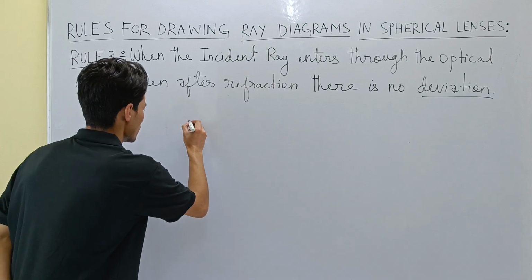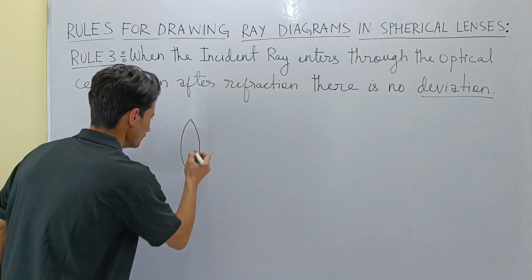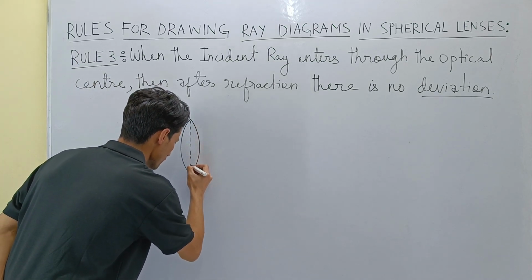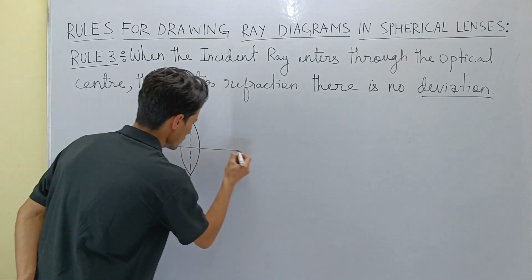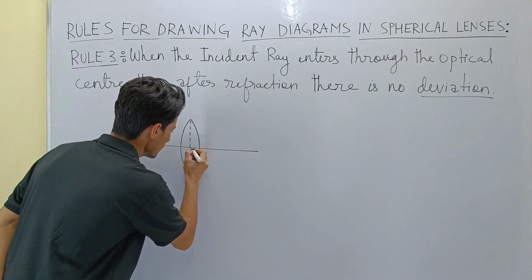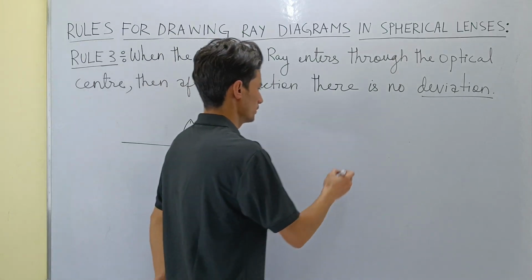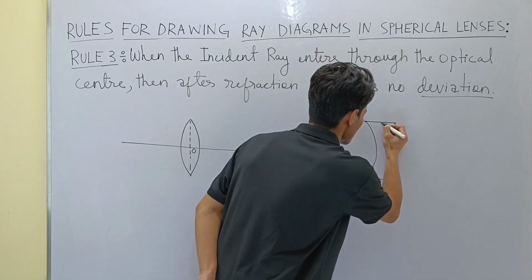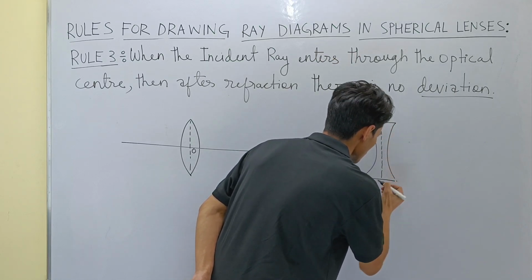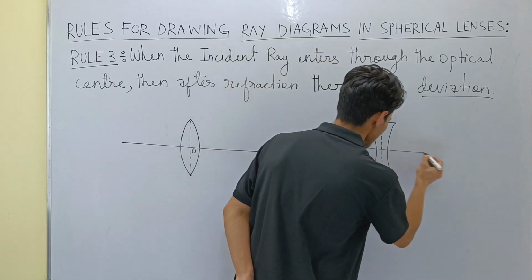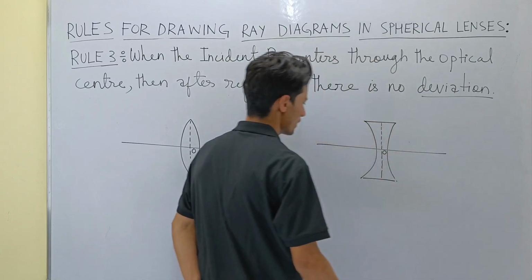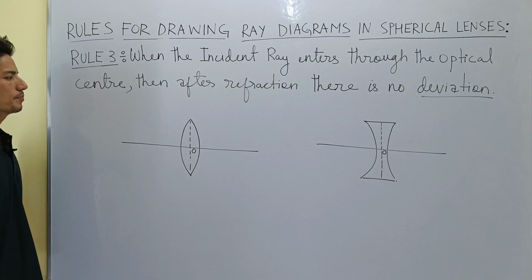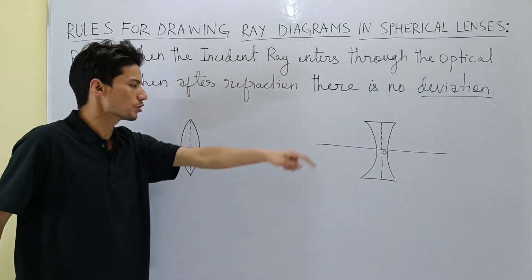So this is the convex lens, aperture, always aperture. This is the principal axis, this is the optical center. This is the concave lens, this is the aperture, this is the principal axis, and this is the optical center. Now the statement says when the incident ray enters through the optical center.